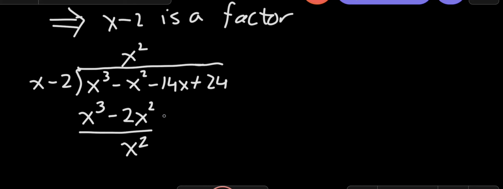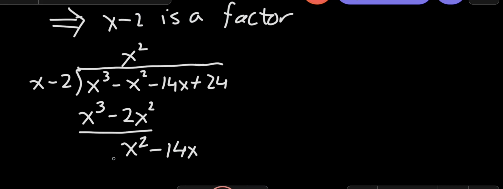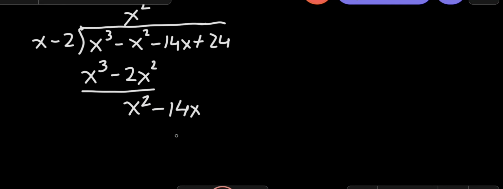And then we have to carry down the minus 14x. We haven't used that term from the dividend yet. So negative 14x. Now we repeat what we did before. We take the first term here, which is x squared, divided by the first term of the divisor, write it above its respective x term, then multiply that by each term of the divisor and write it underneath, below the respective x terms, and so on.